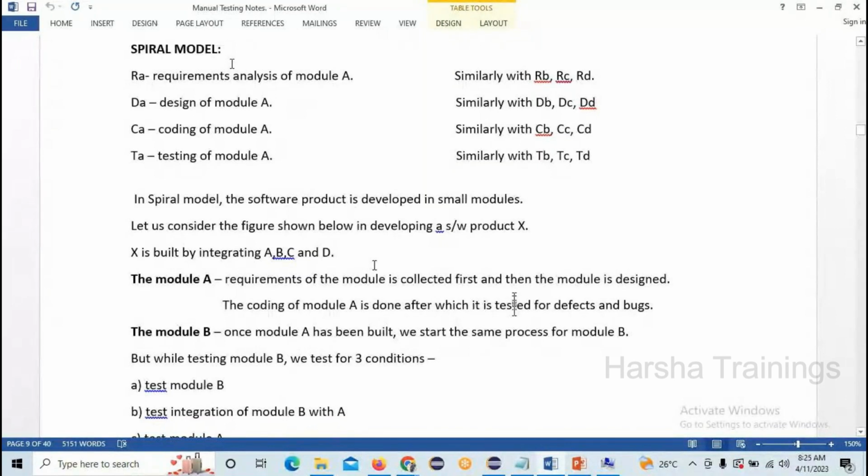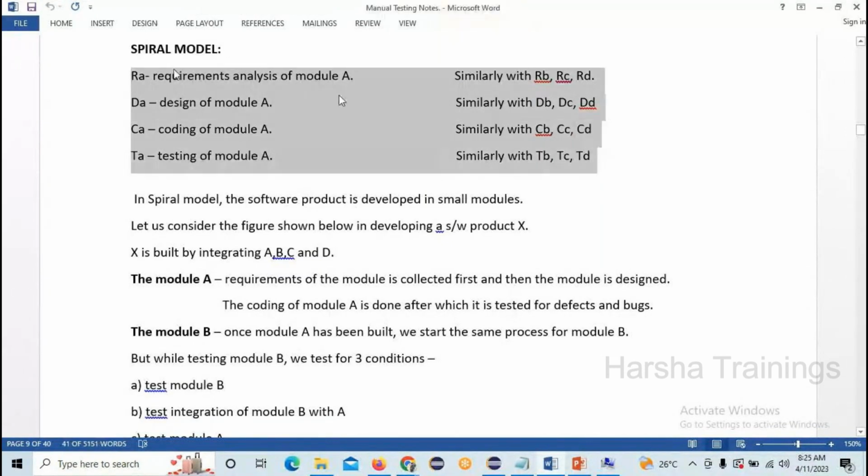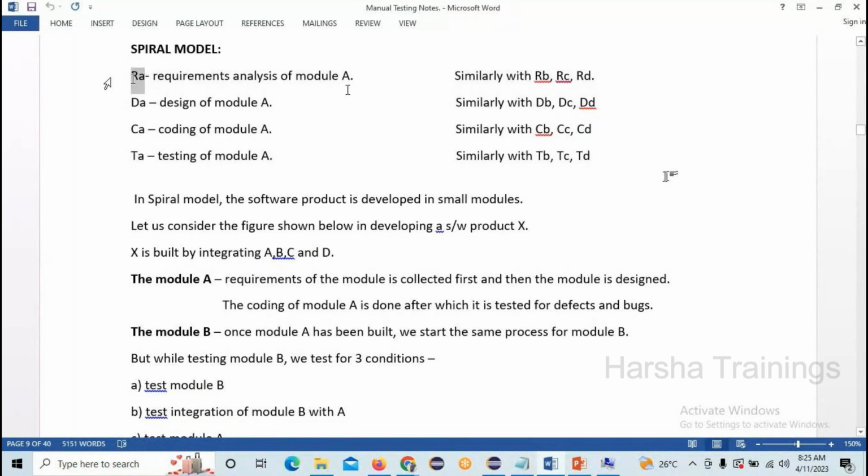Here you can see these notations carefully. I am going to divide an entire application into 4 modules: A, B, C, D. Module A requirements is called RA, module A design is called DA, module A coding is called CA, module A testing is called TA.